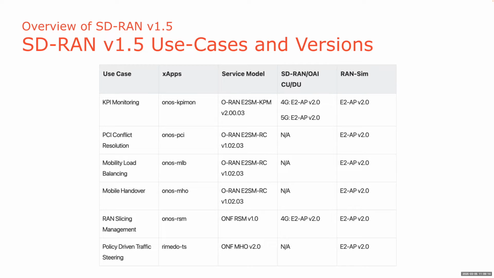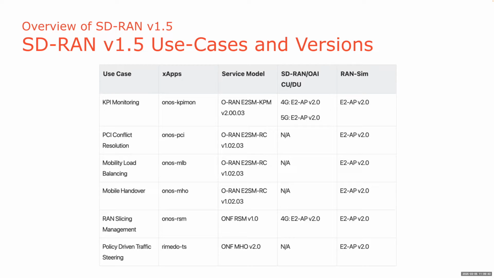And PCI, mobility load balancing, and mobile handover are using O-RAN E2SM-RC 1.2.3. RAN slicing management is still using the ONF RAN slicing management service model. And policy-driven traffic steering, the traffic steering xApplication, still uses the ONF MHO service model version 2.0.